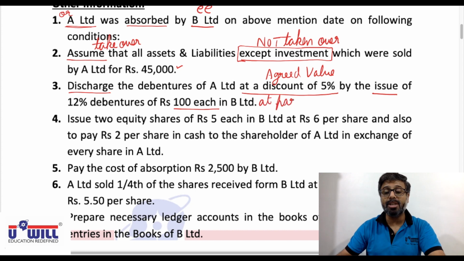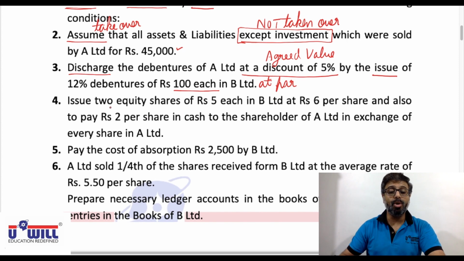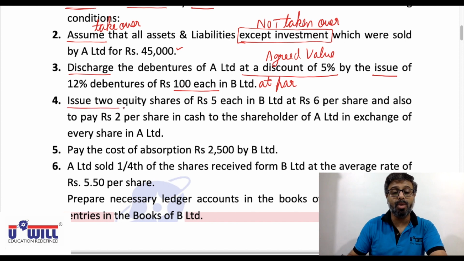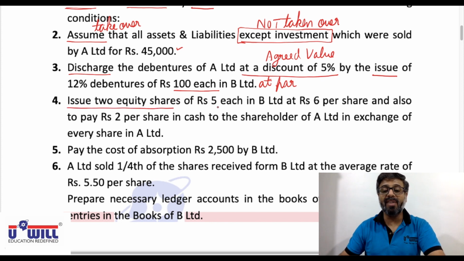Is it mentioned they are issued at discount or premium? No. That means they are issued at par. Issue 2 equity shares of rupees 5 each. So underline: issue 2 equity shares of 5 each means 5 is the face value in B Limited at rupees 6 per share. So 6 is the agreed value.